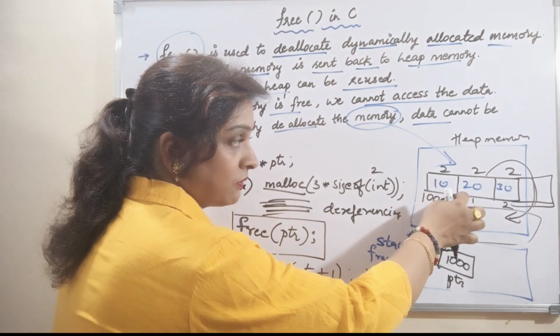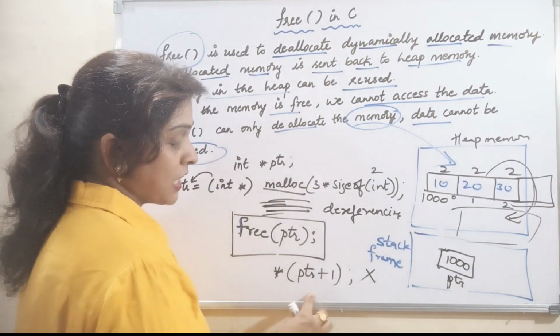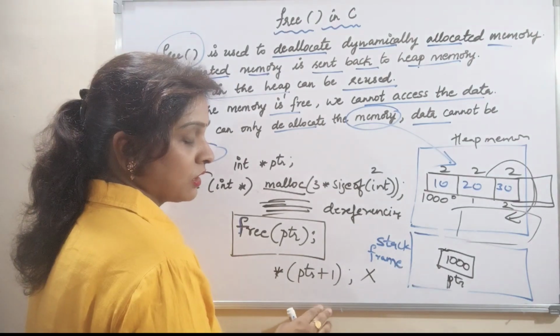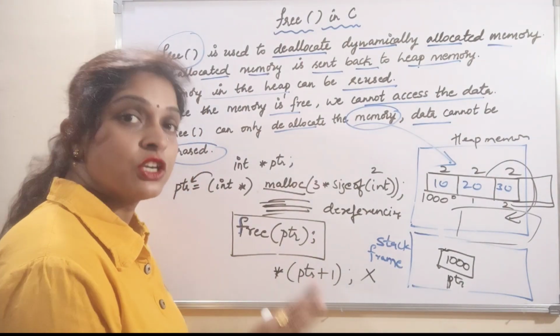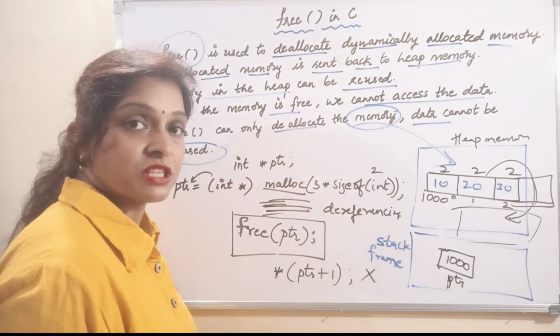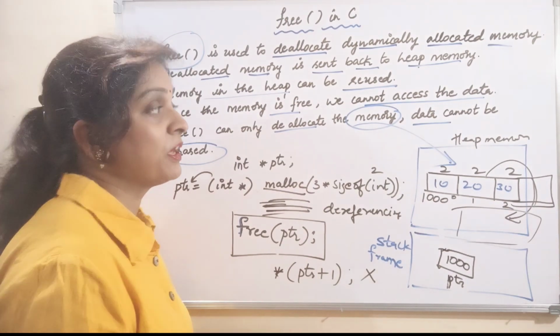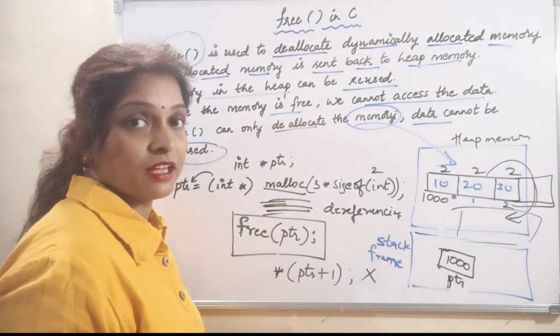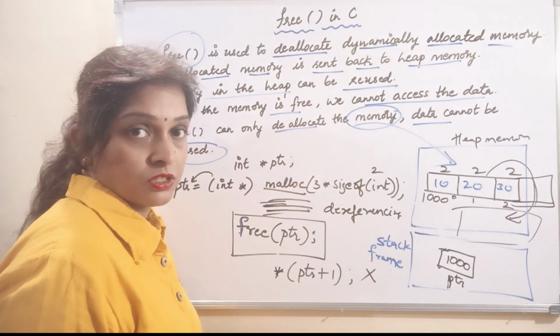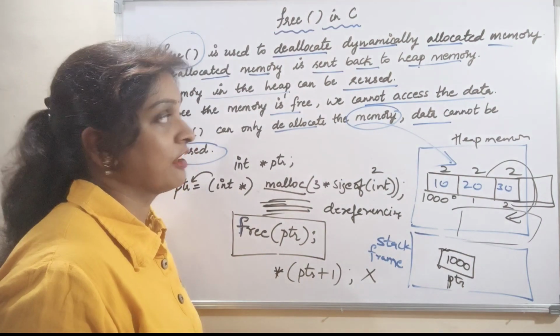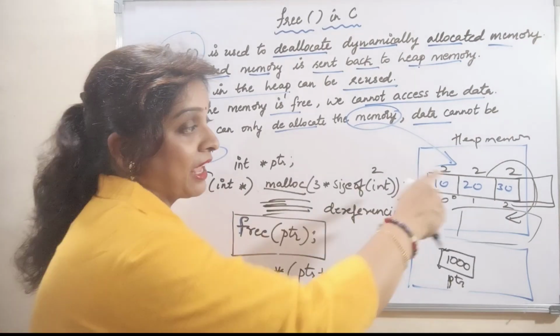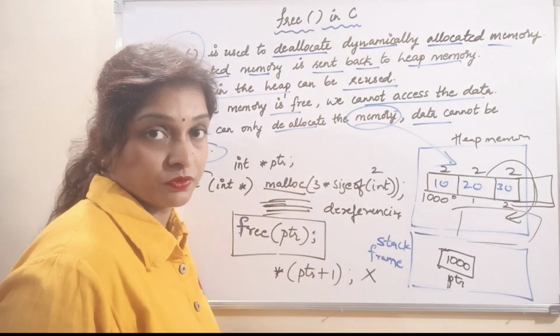The data will be there itself. After free, if you try to say *(ptr + some location), then you cannot dereference. The program may give some wrong output, or it may behave in an undefined way. So we should not dereference it, and we cannot erase the data either.